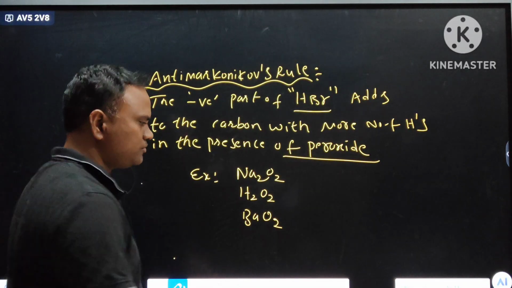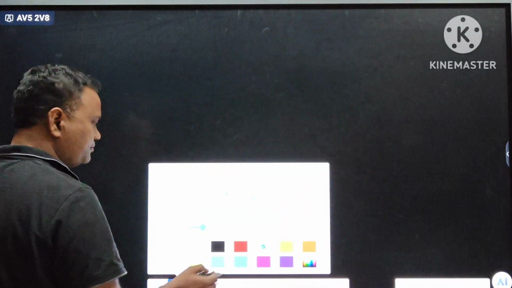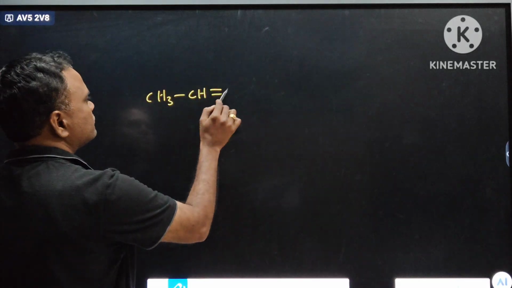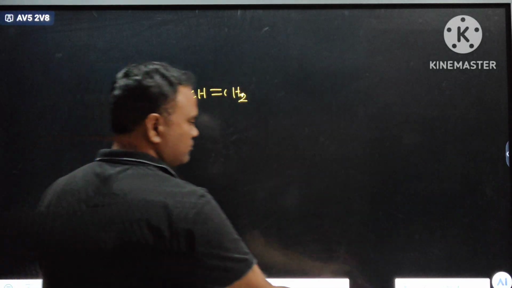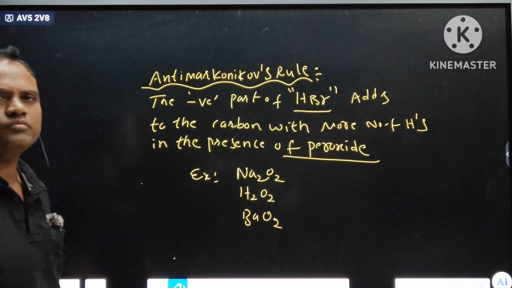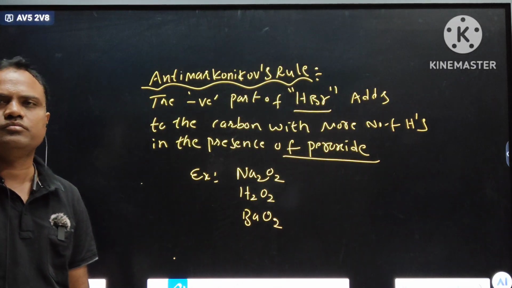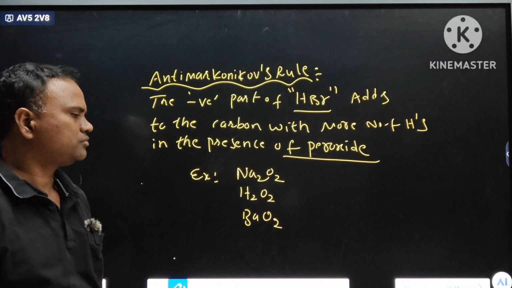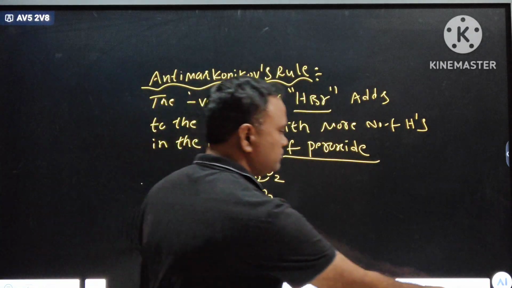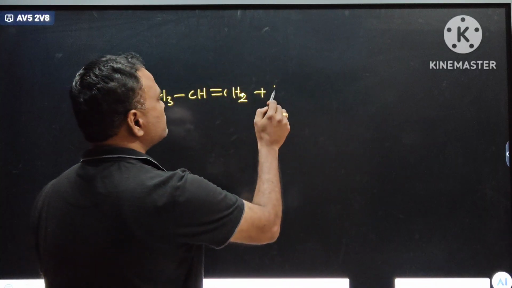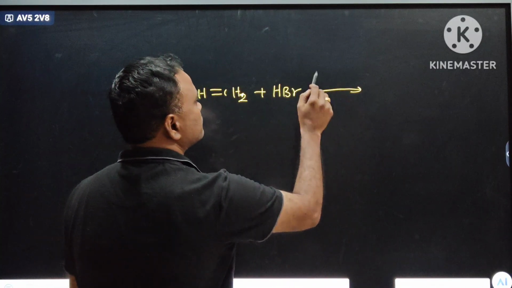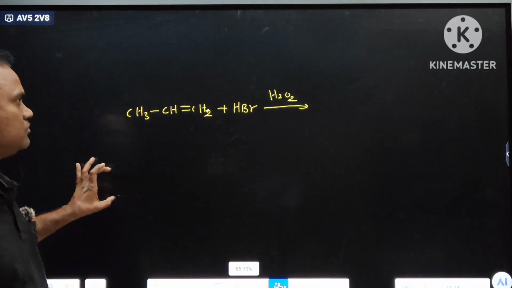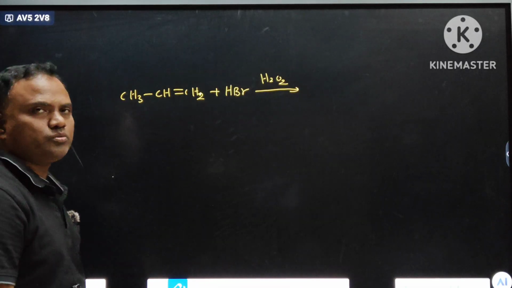Let us see this example. What is the negative part of HBr?